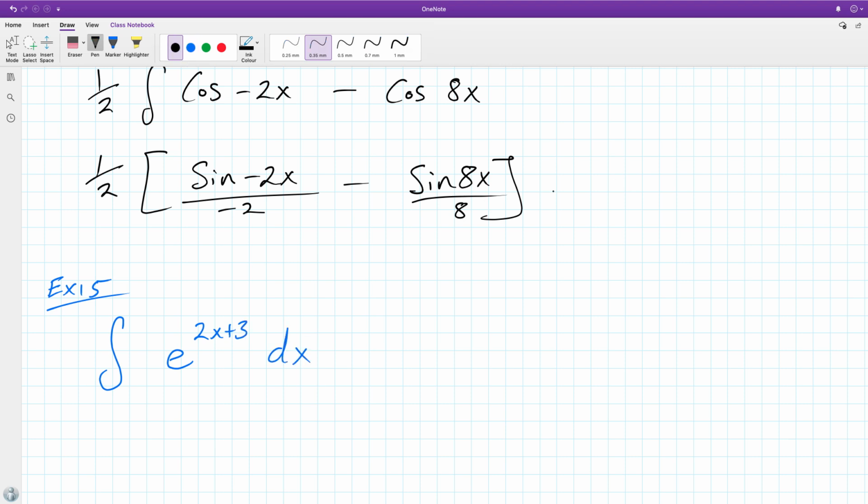And don't forget your plus c up there. Once again, the rule is there on page 26.